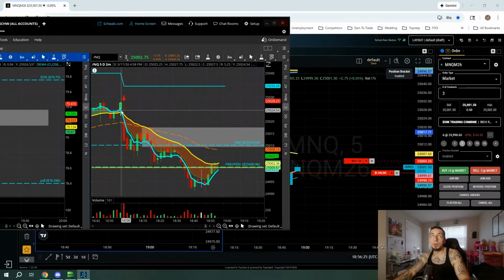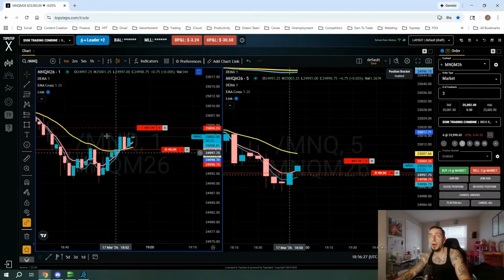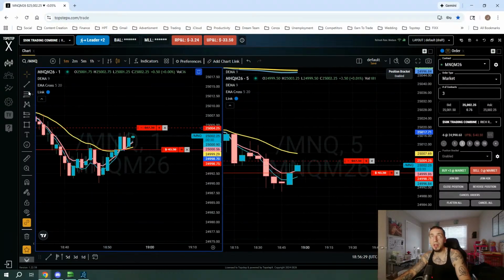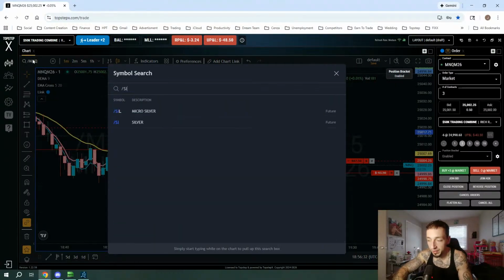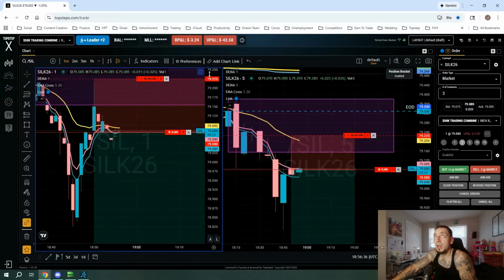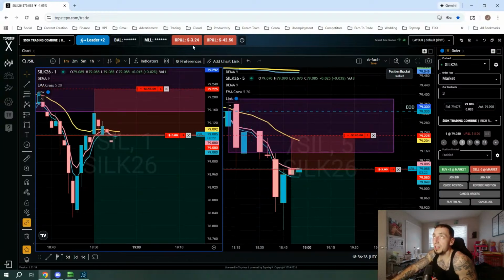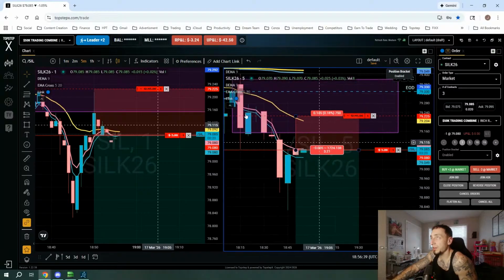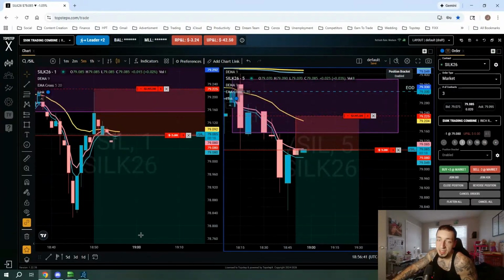All right, so let me pull open. While that's doing its thing, I really don't want to overthink that much. I'm watching silver. I got my stop where it needs to be on NQ. I don't like the trade. I like silver a little bit more. Let's see here if we can get some continuation on silver.